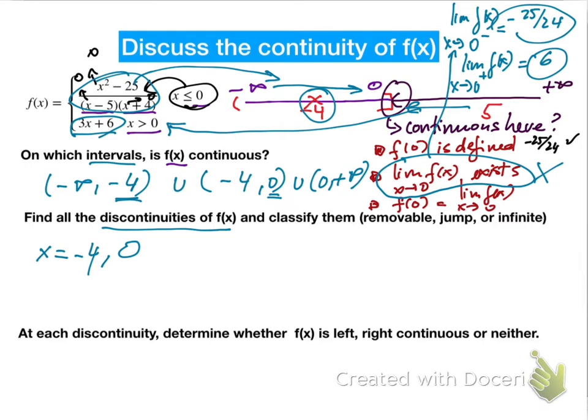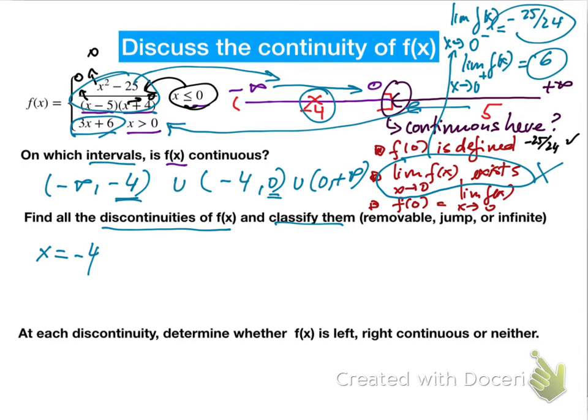All right. Now we want to classify the discontinuities into the three types: removable, jump, or infinite. So x equals negative 4 is one of the discontinuities.